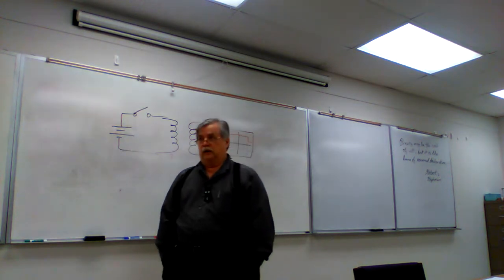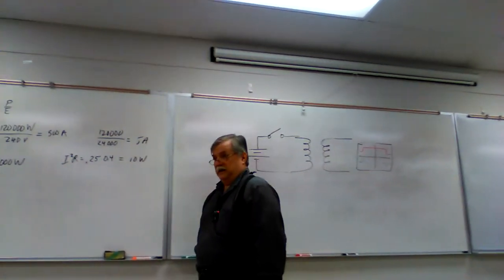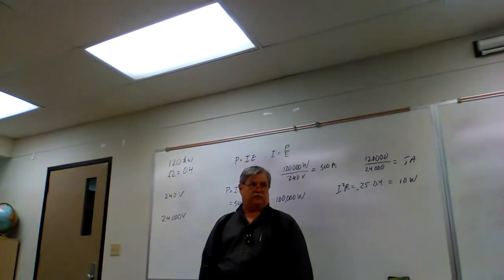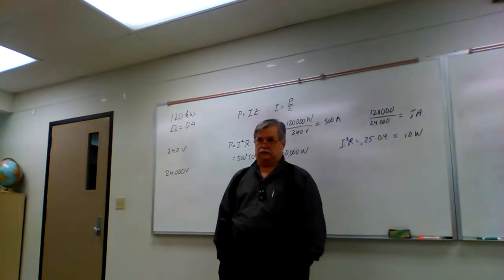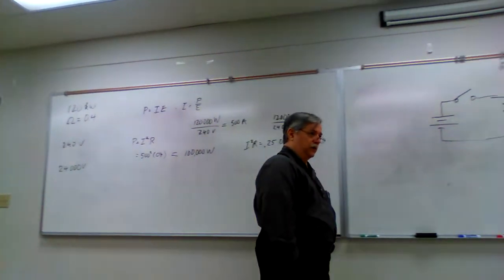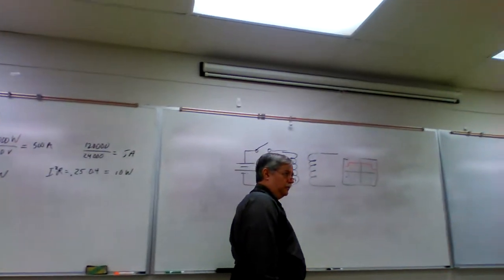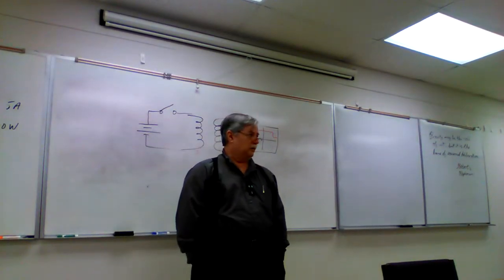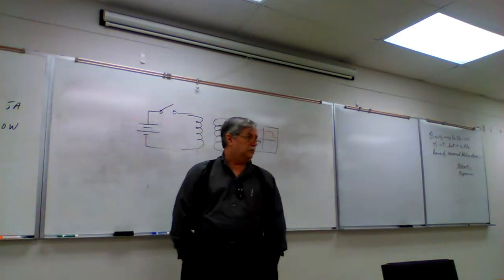In this case, to make that transformer work, you want as much magnetic flux as you can generate. And that means you need more turns to generate more magnetic flux, to induce more current.